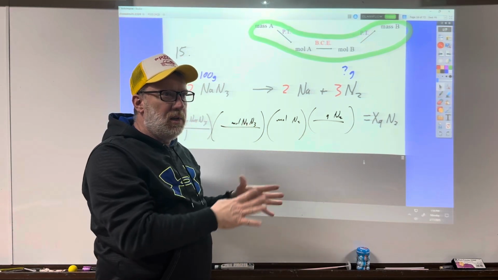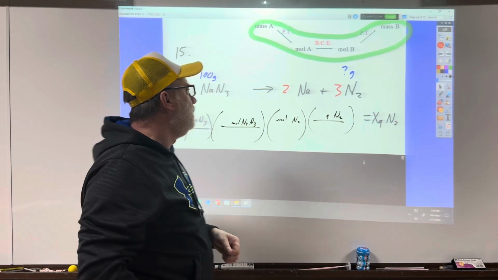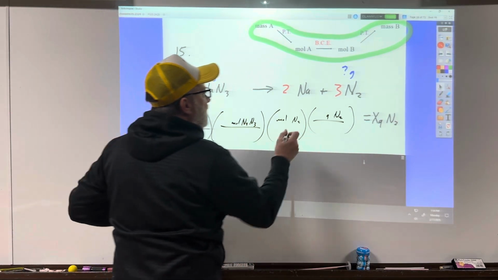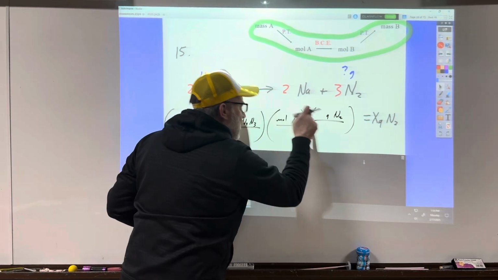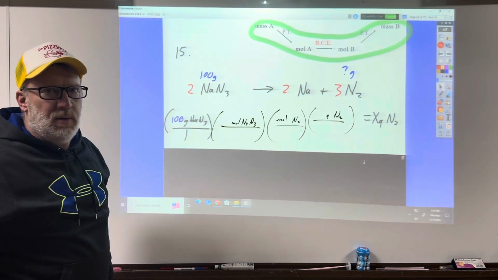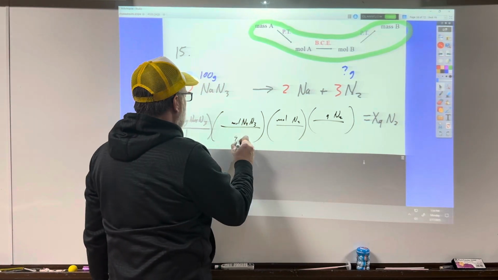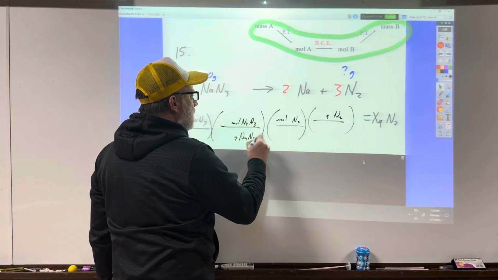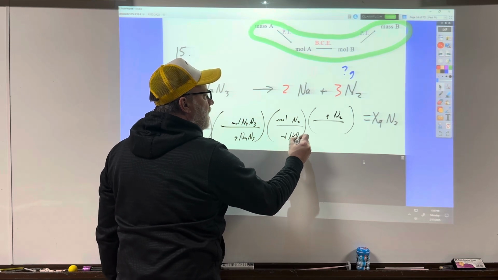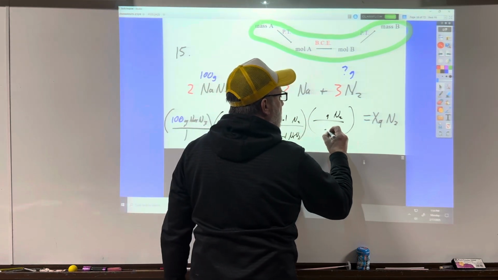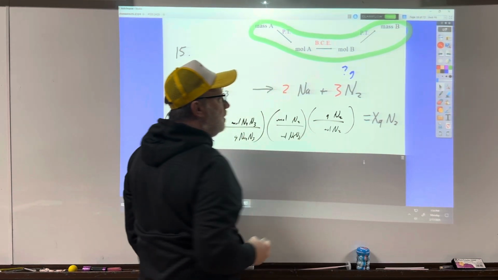Told you, show you example, ta-da. Then the rest of it's pretty easy. This goes here, this goes here, this goes here, so everything cancels. So this is grams NaN3, this is moles NaN3, this is moles N2.